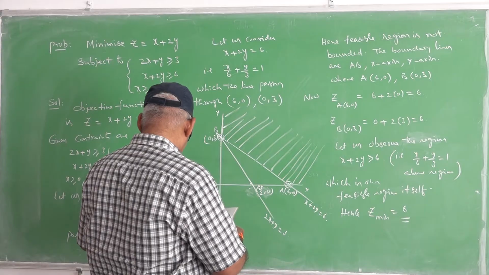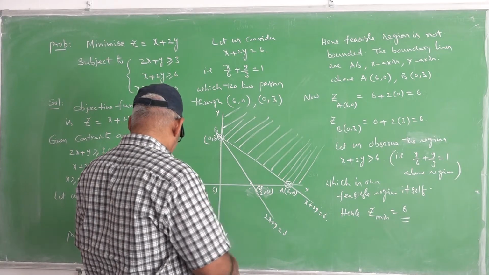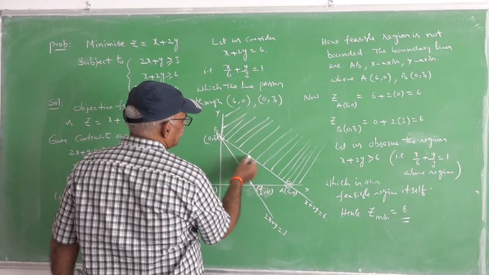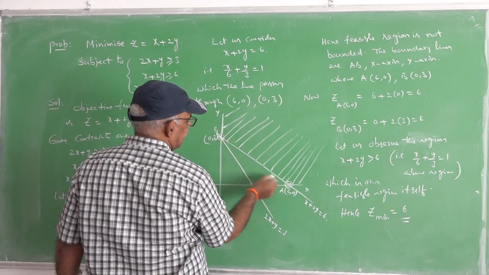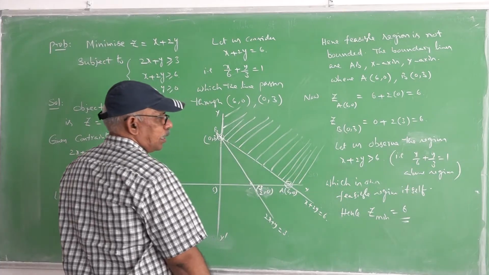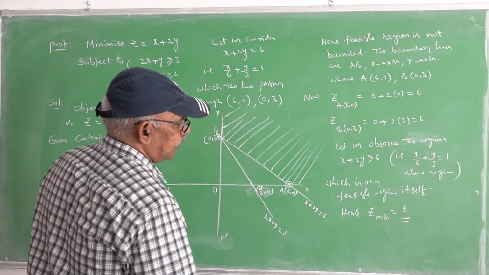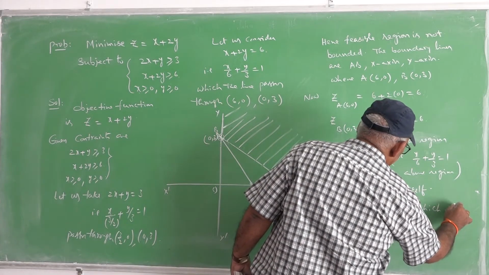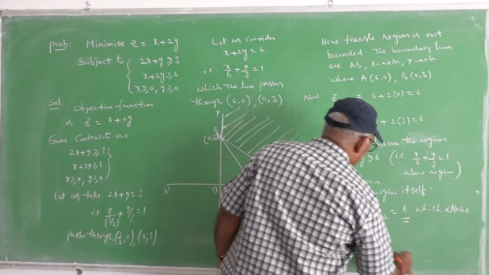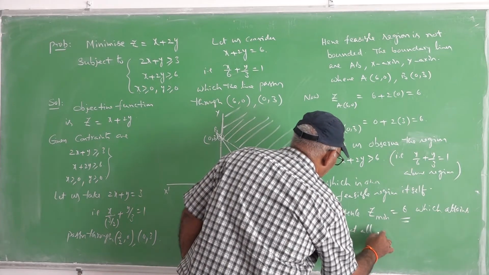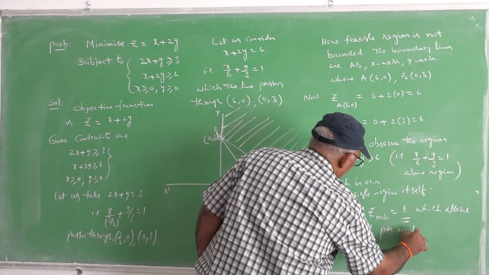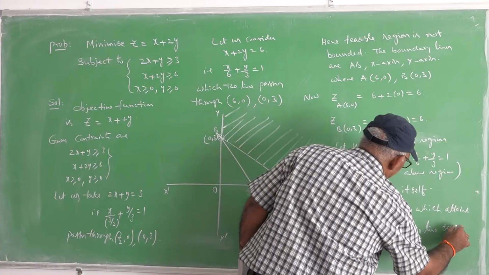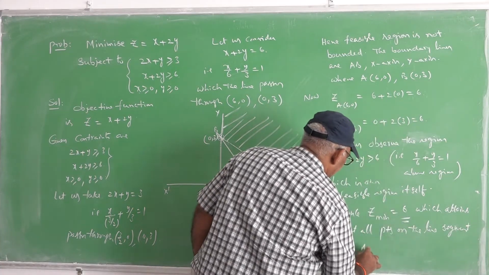The minimum value is 6. At all points on the line segment joining AB, that minimum value of z is attained, on segment AB itself.